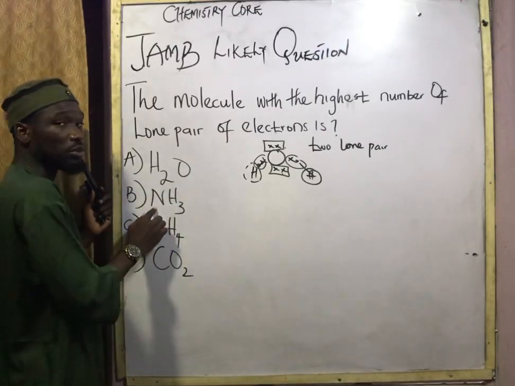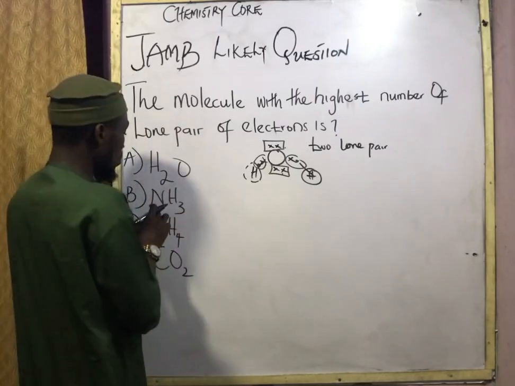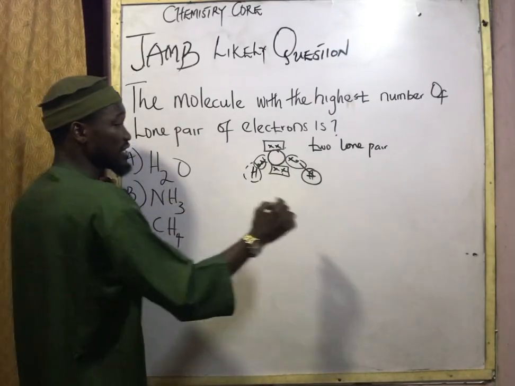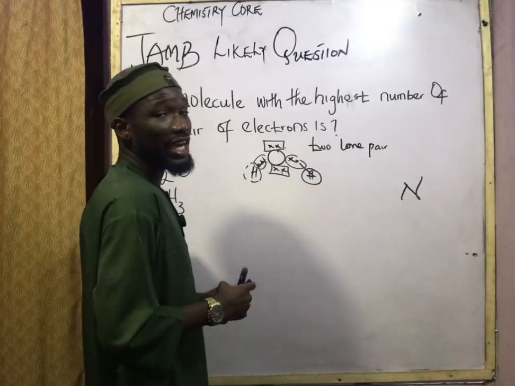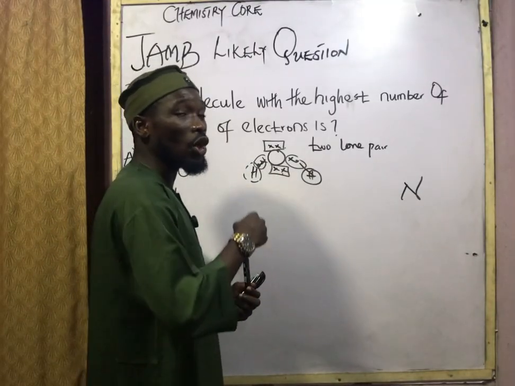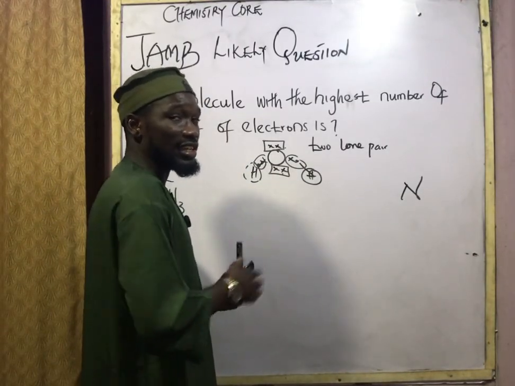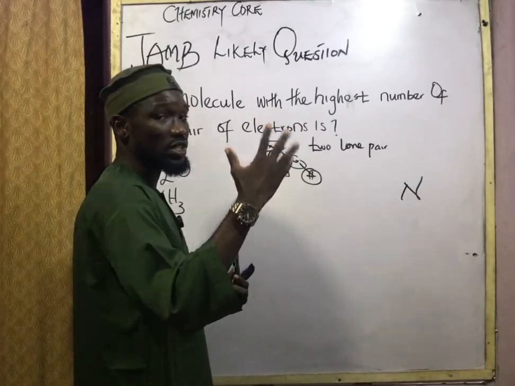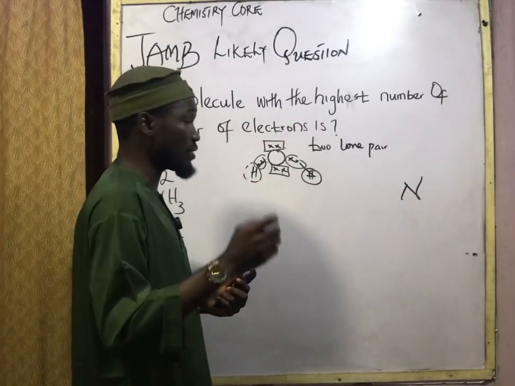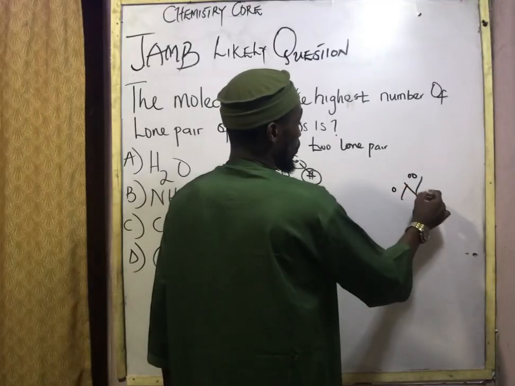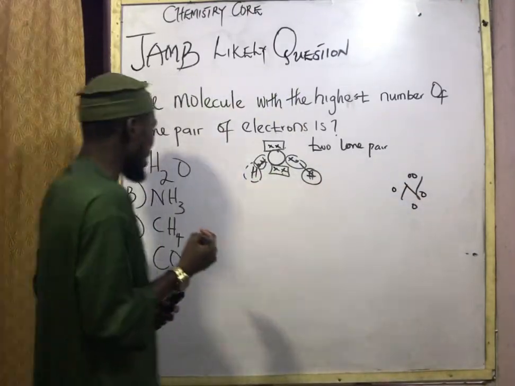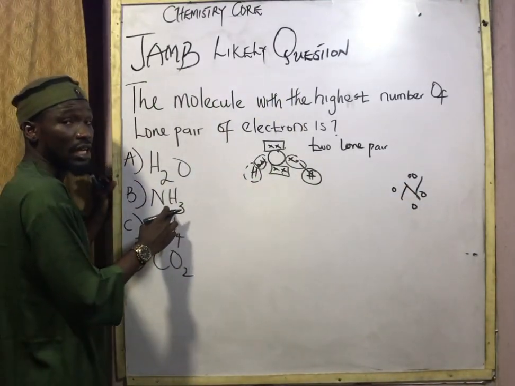The next one, option B, is ammonia. The nitrogen here will be the central atom, and the outer electrons of nitrogen are 5 because the atomic number of nitrogen is 7. So we have 1, 2, 3, 4, 5. The number of hydrogens we have here is 3.